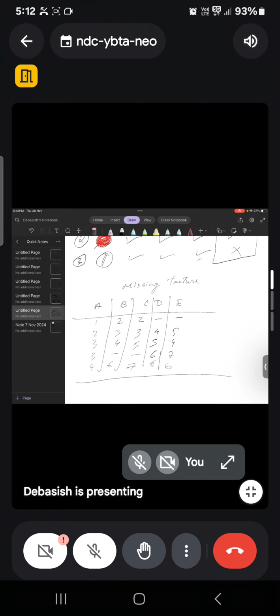In this data set, this row and this row do not have this data. It has blank space.